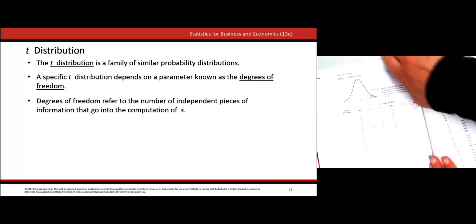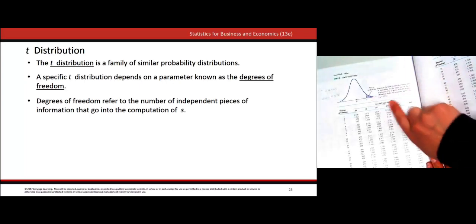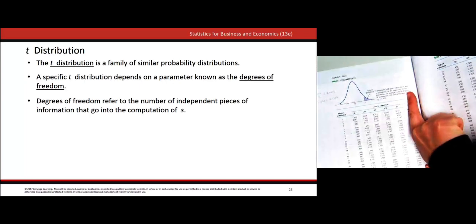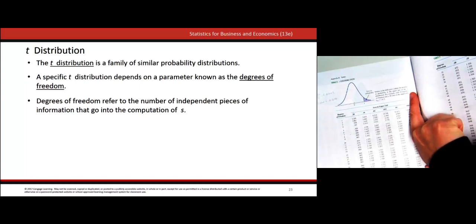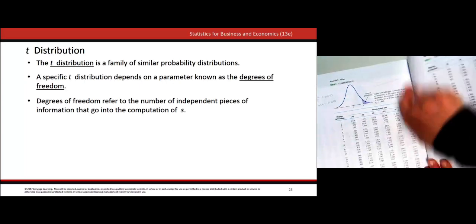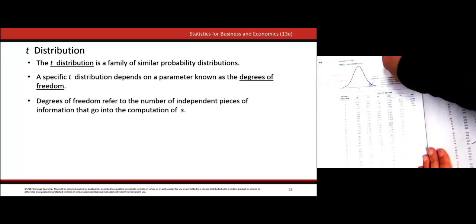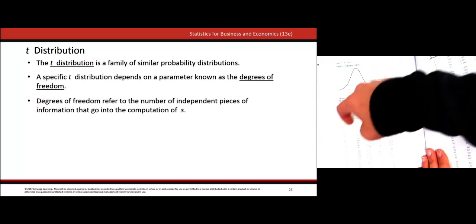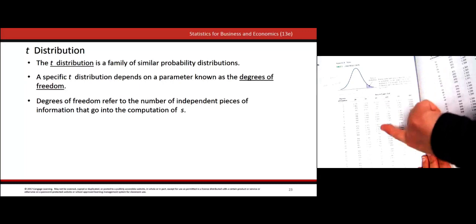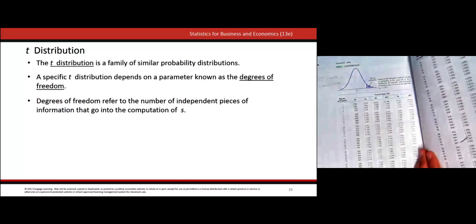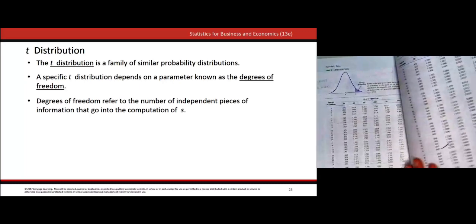So the t entries in the table give t values for an area or probability in the upper tail of the t distribution. For example, for 10 degrees of freedom and 0.05 area in the upper tail, the value is 1.812.